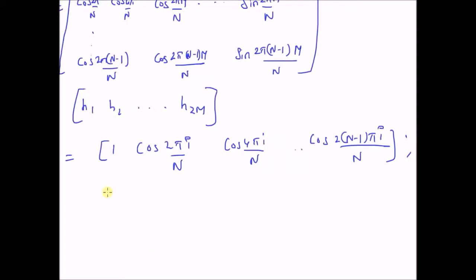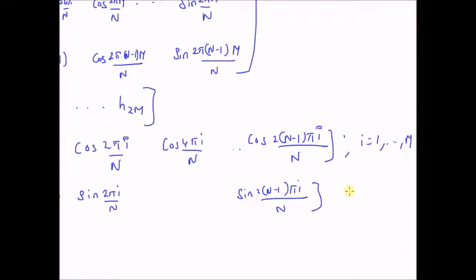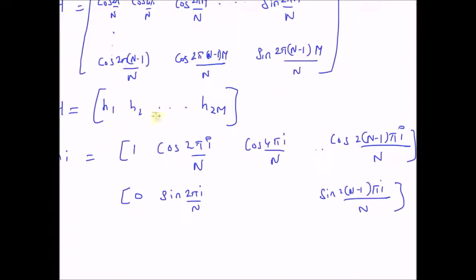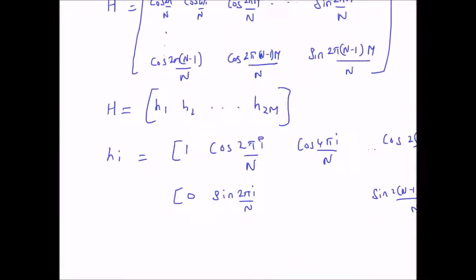And for values of i greater than m, that is for m plus 1 to 2m, we have 0, sine of 2 pi i over N up to sine of 2 times N minus 1 multiplied by pi times i over N. That is the corresponding sine vector for values of i equal to m plus 1 to 2m. Thus, we can rewrite the matrix H as a collection of vectors h_i.